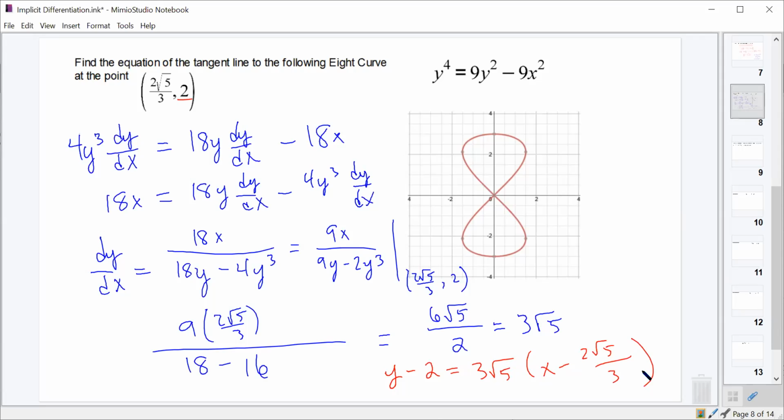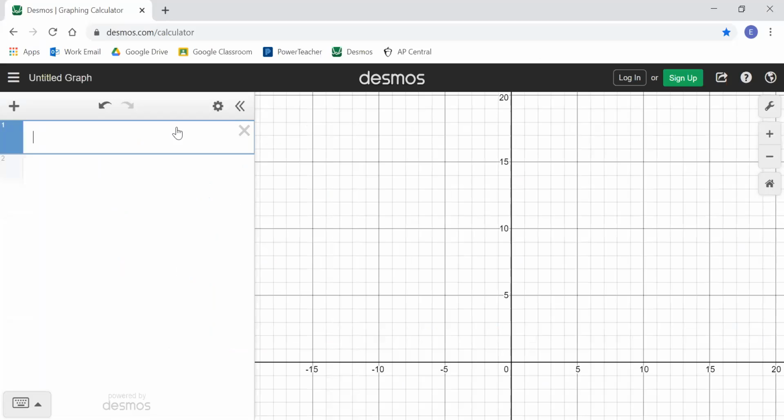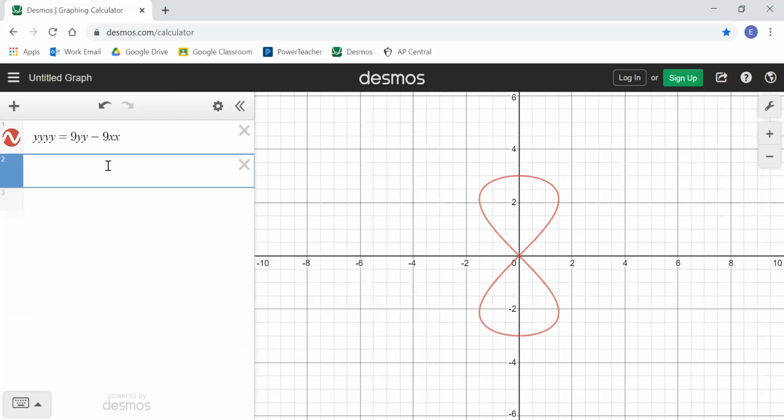And with any luck, if we go into Desmos and put in y to the 4th equals 9y squared minus 9x squared, we'll get that figure 8 curve. And we should have, what was it, y minus 2 equals, what was our slope? 3 root 5. Yeah.